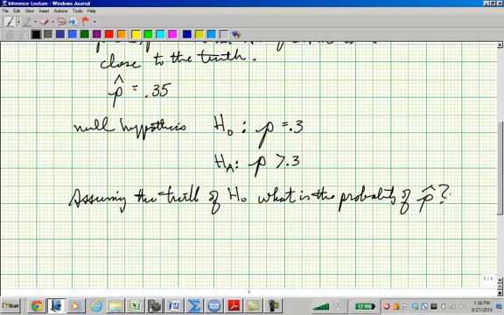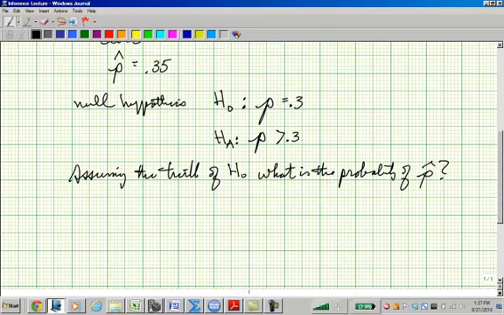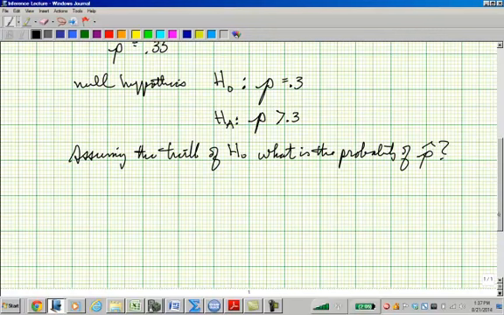Now remember, p hat is a result of a random sample. So assuming that H sub 0 is true, what is the probability of p hat? So what does that mean?